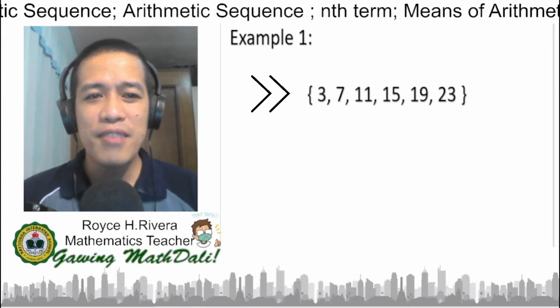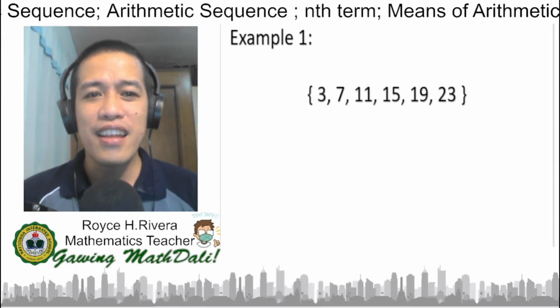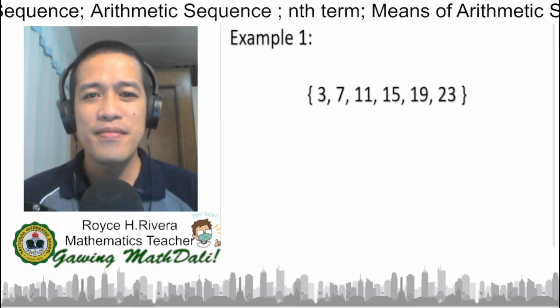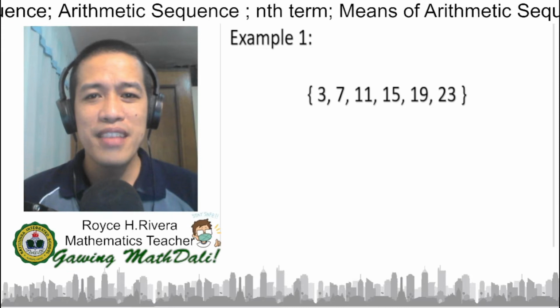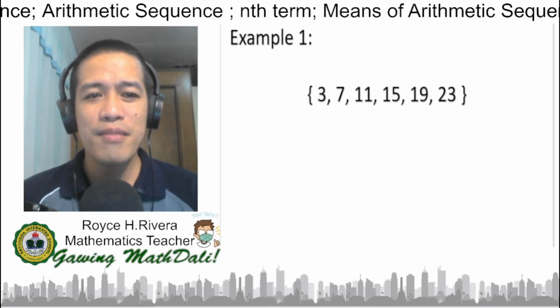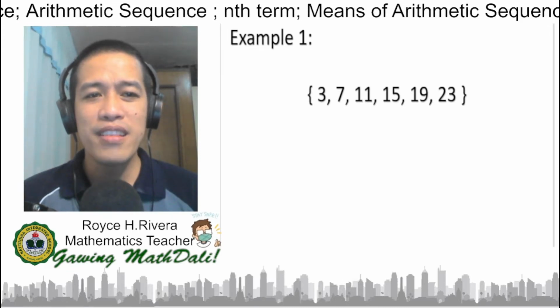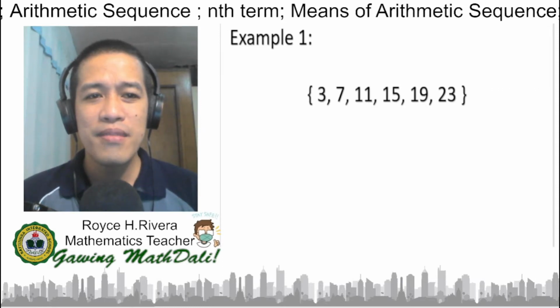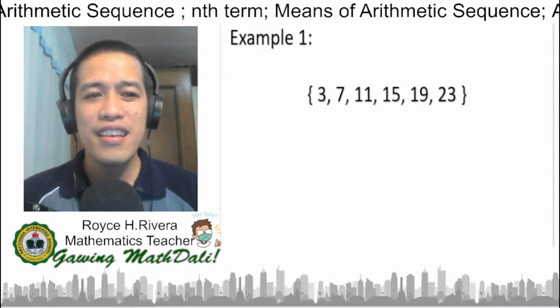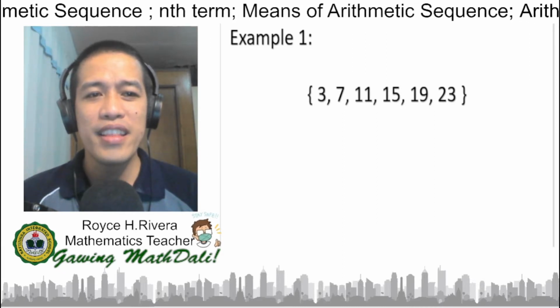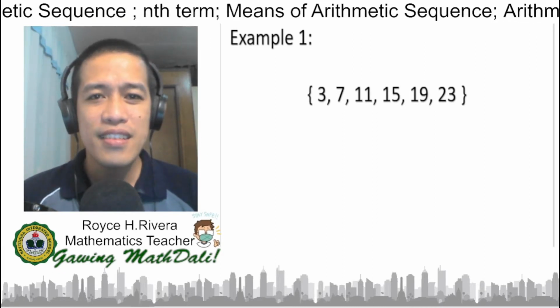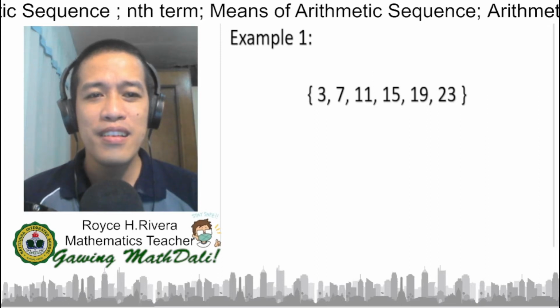The given set of numbers is an arithmetic sequence with first term 3, second term 7, third term 11, fourth term 15, fifth term 19, and last term, the sixth term, is 23. Observe the example for a while.